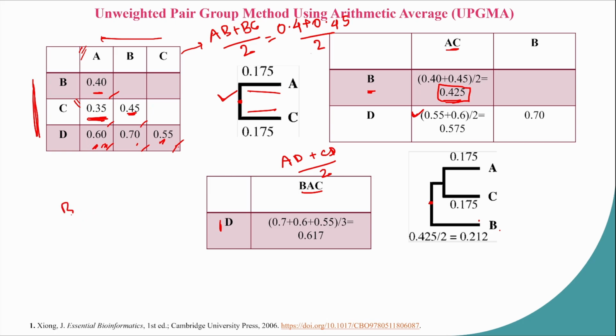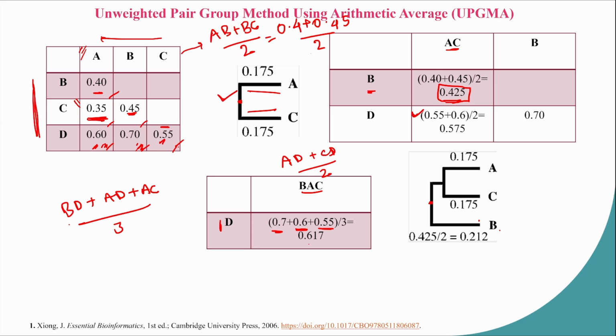So BD plus AD plus CD divided by, since three of them are here, 3. BD was 0.70, AD was 0.60, and CD was 0.55.